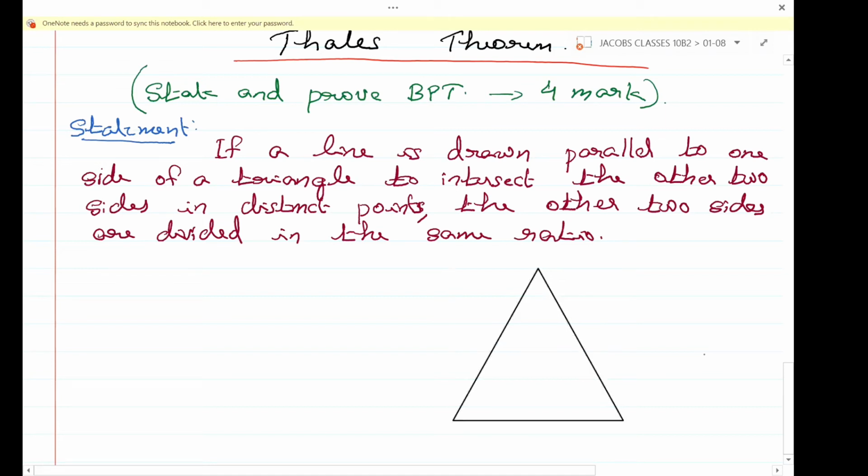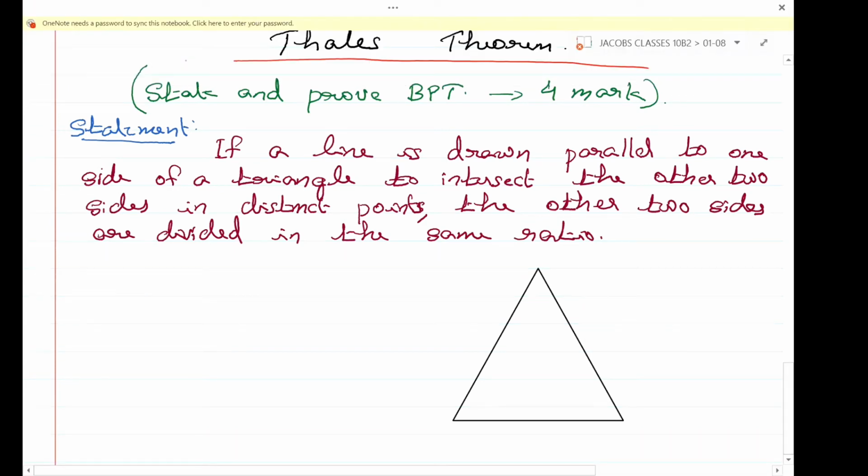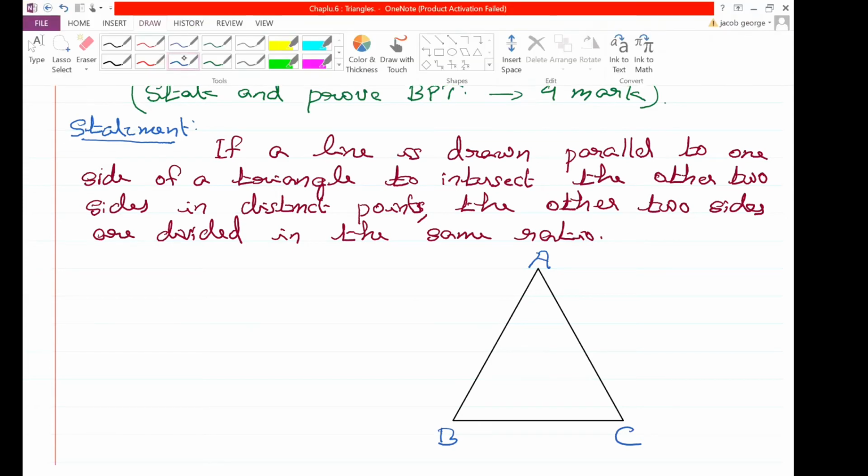Please draw a triangle and name the triangle ABC. These are all part of the given. Then a line is drawn parallel to one side of a triangle to intersect the other two sides in distinct points.